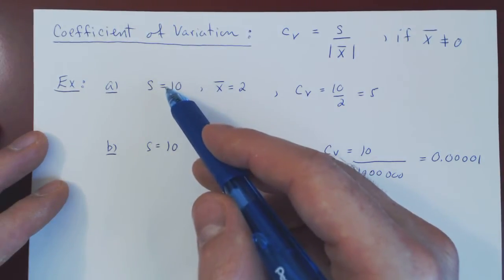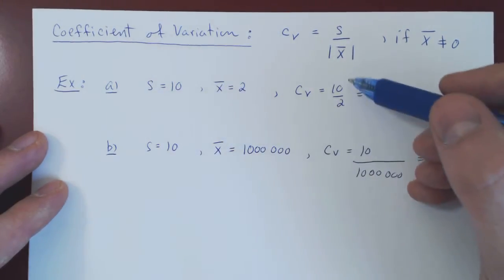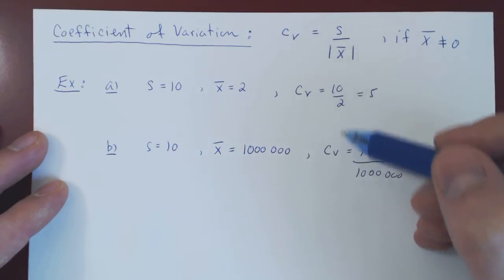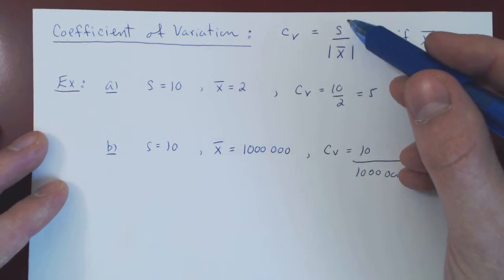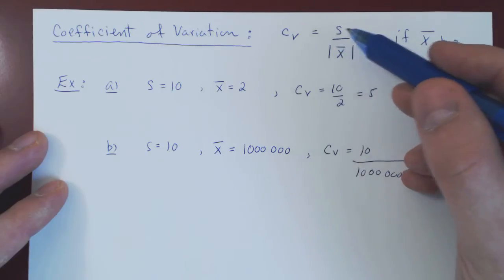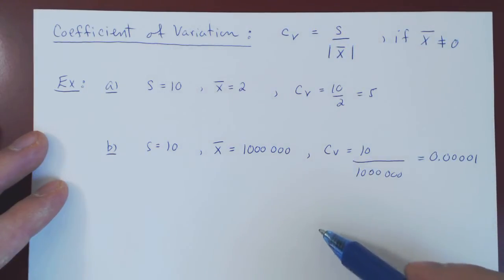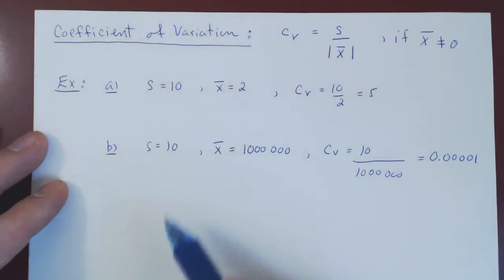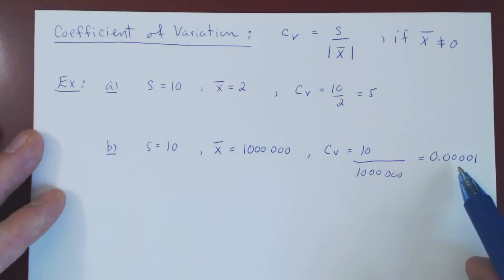10 is big and much bigger than 2, and you can see again you are in very different situations depending on the relative size of the standard deviation to the sample mean. And that is the goal of the coefficient of variation. And that's it.